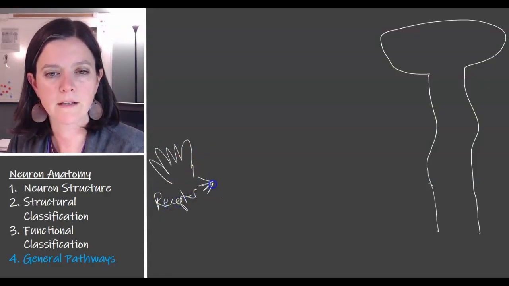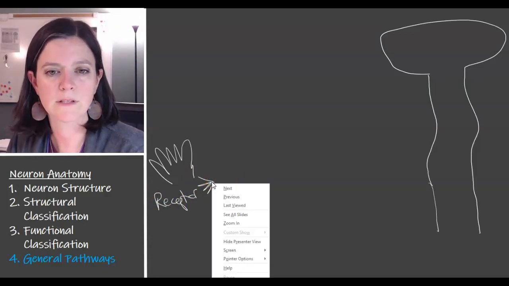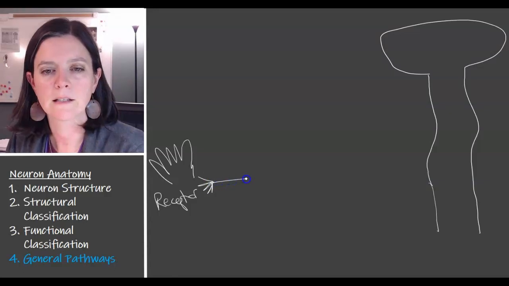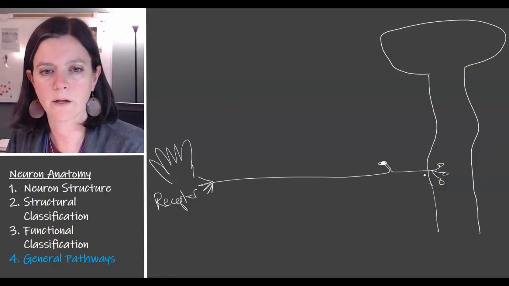So we know that a sensory neuron is going to be connected to this receptor. Sensory neurons, we said, were unipolar. Their cell body is right here, and the axon terminals, the synaptic knobs, enter into the spinal cord.